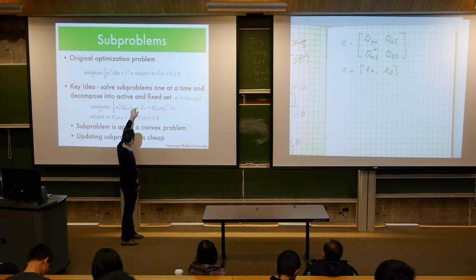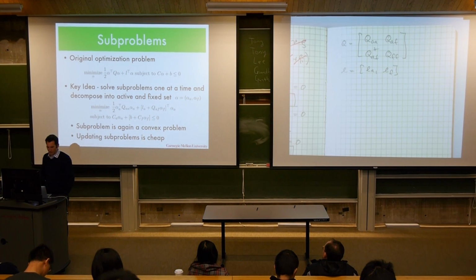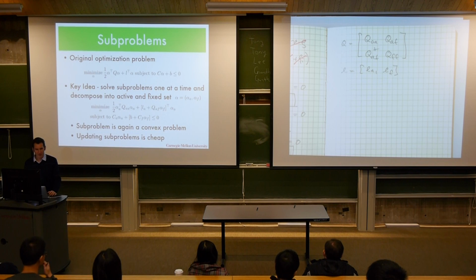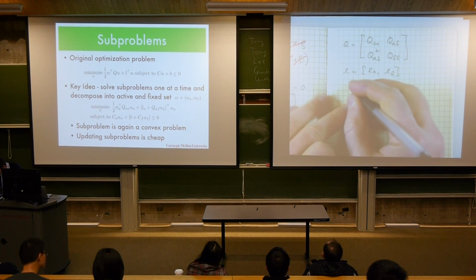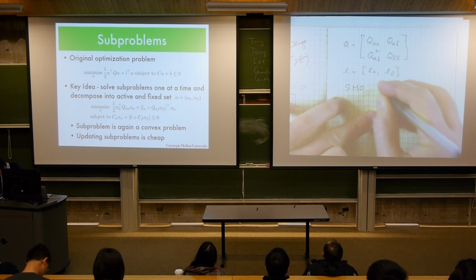So now I have a smaller problem, and this is probably small enough that my solver can solve it. And in some cases, I take only one or two variables at a time. There's a very famous example of that. It's called the SMO algorithm. This is by John Platt.